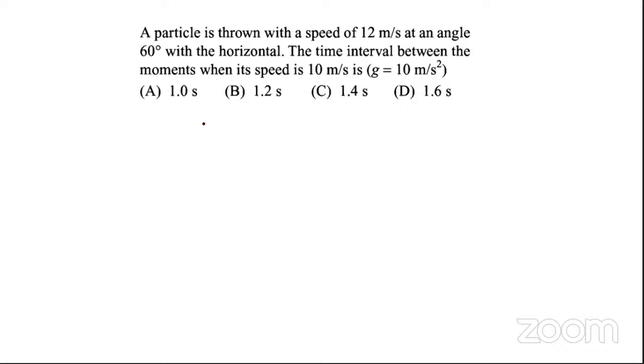All right, I'll solve some steps. See what this question is saying is, a particle is thrown with a speed of 12 meters per second at an angle 60 degree with the horizontal.